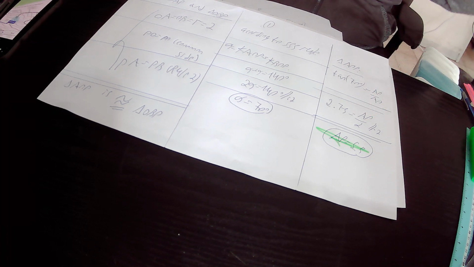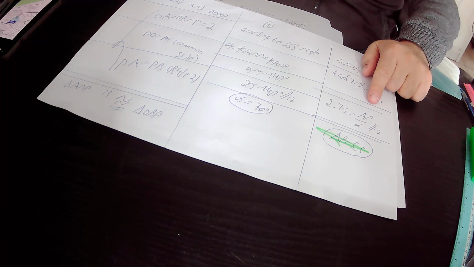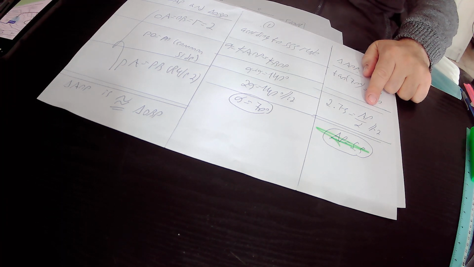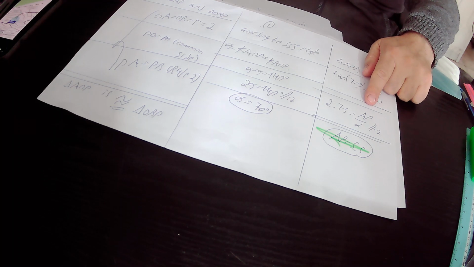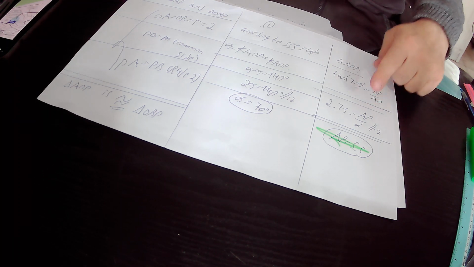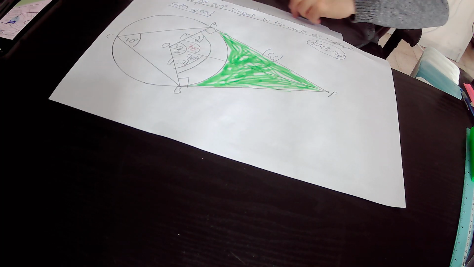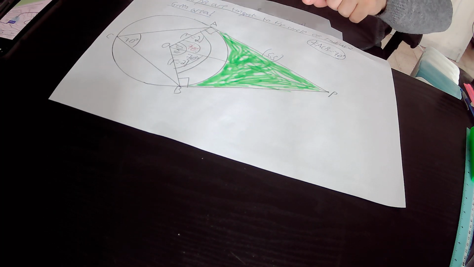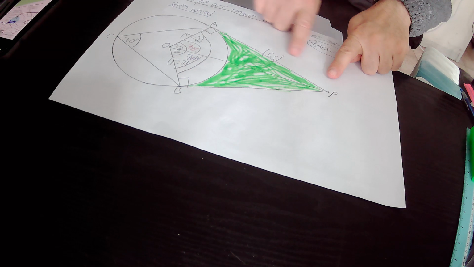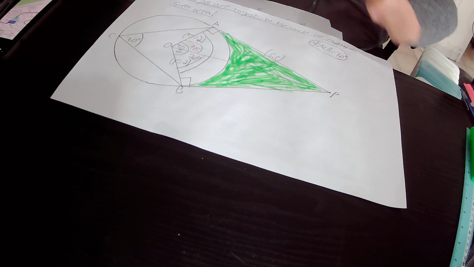We found that 2.75 equals AP over 2. Multiplying by 2, the missing side AP equals 2.75 times 2, that is 5.5 units.